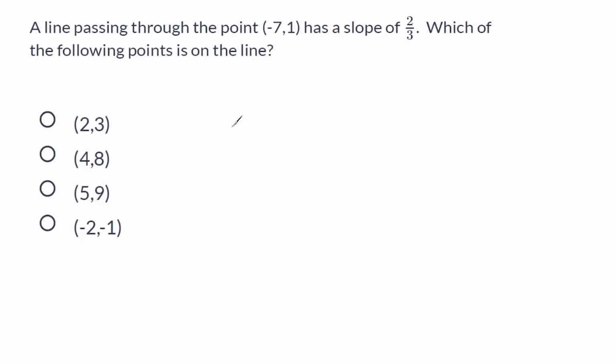All right, this problem reads that a line passing through the point (-7, 1) has a slope of 2/3. Which of the following points is on the line?